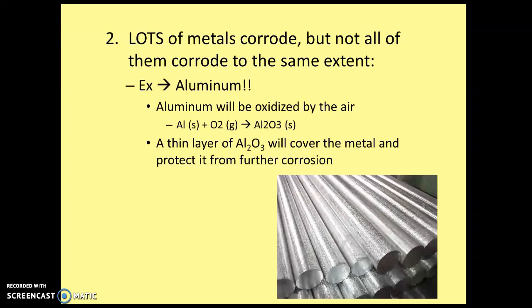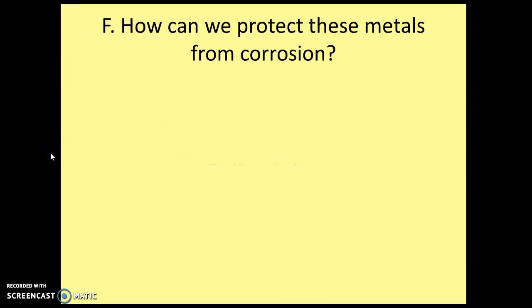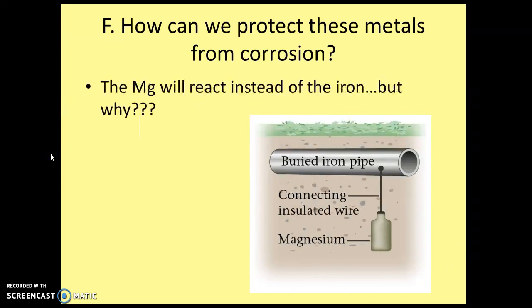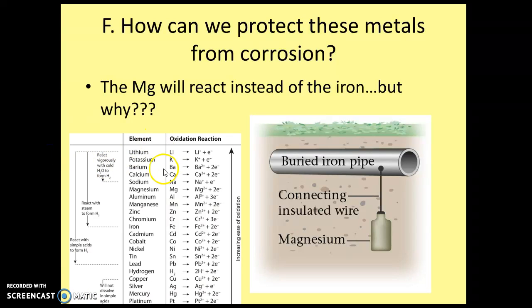Okay. The next thing, when we're using these metals in the environment, we have to figure out how to stop them from corroding. And the activity series comes in handy for this. So one of the ways we do that, we have a buried pipe here, and it's prone to corrosion. By connecting it with a wire to a container of magnesium, we stop the iron from corroding. And my question is why? Why would that stop the corrosion from happening?